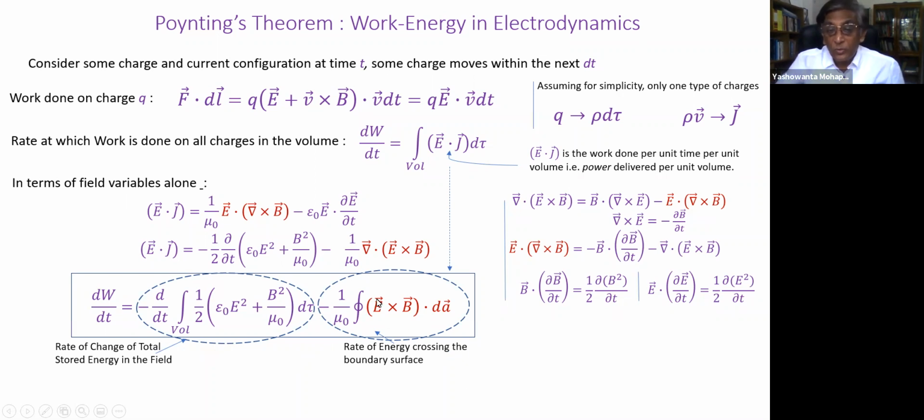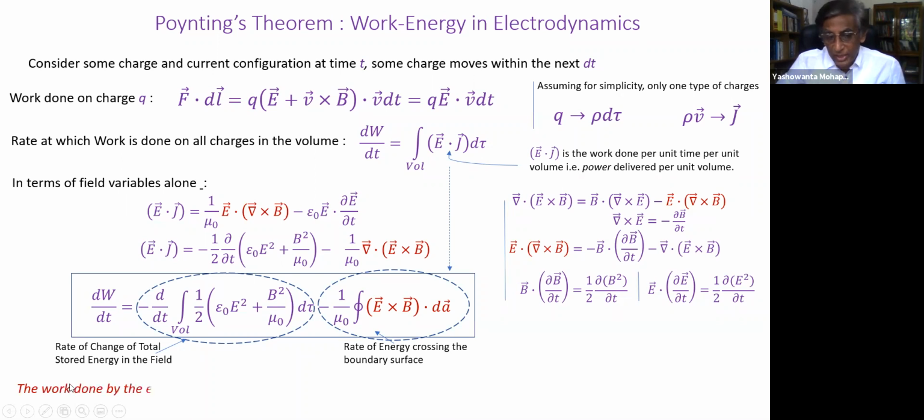So rate of energy crossing the boundary surface, E cross B. What are the units of this? This is some quantity S dot dA, and this must be flux, because the total energy comes out of the flux integrated over the area dotted with dA, and hence this quantity is an energy flux.